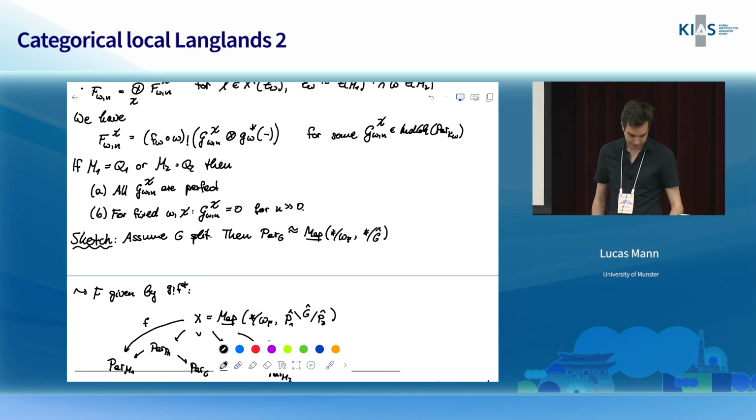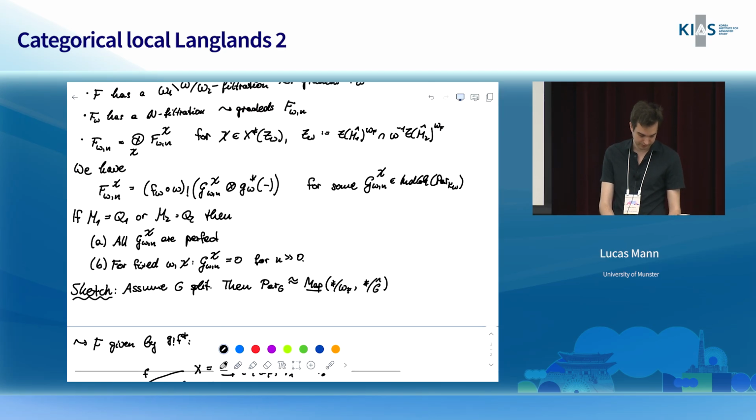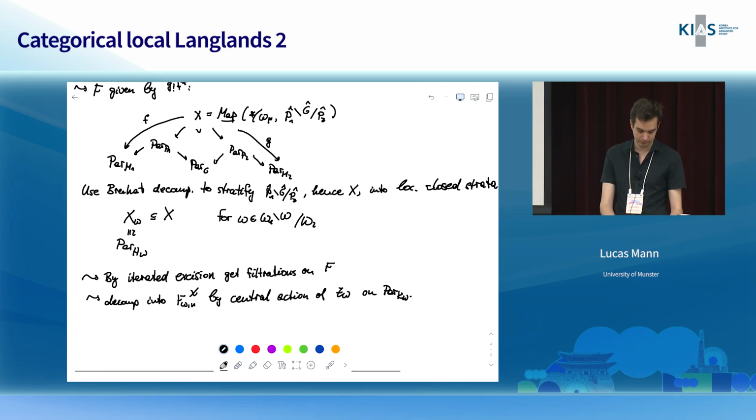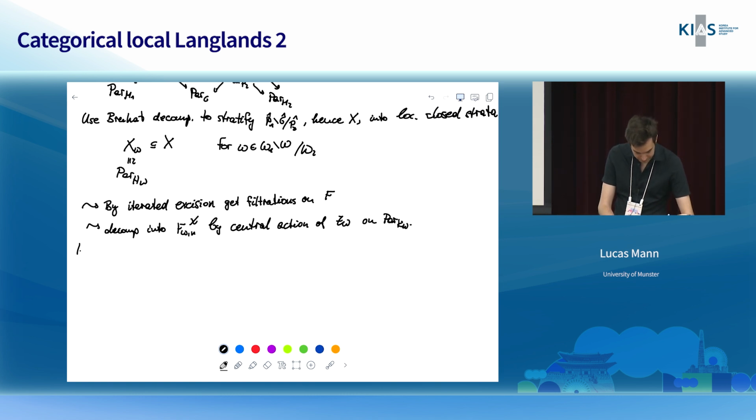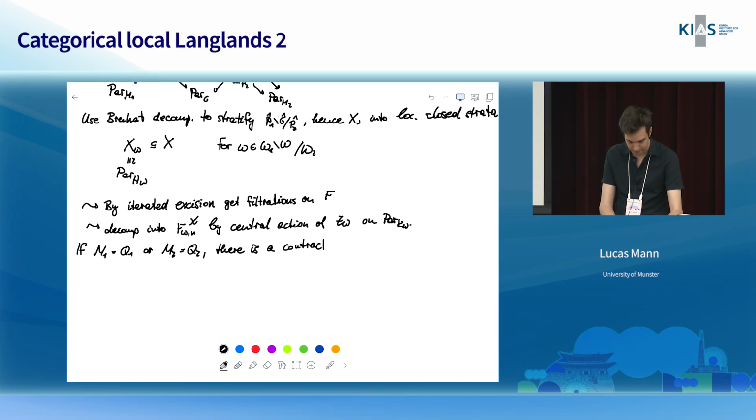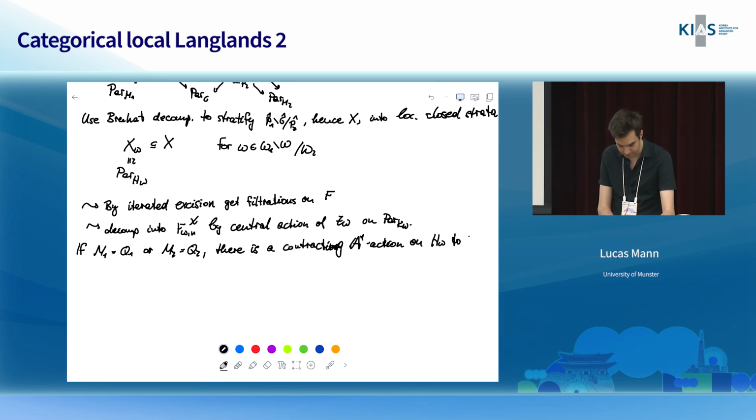And these two, I will not say so much about, but under the assumption that M1 equals Q1 or M2 equals Q2, there is a contracting A1 action on H_W to K_W, and then we use some form of contraction principle along this.